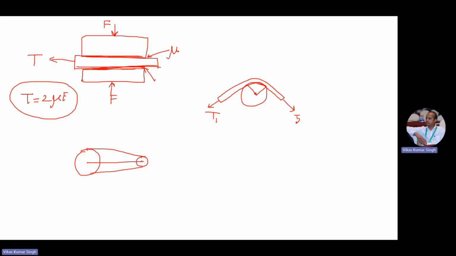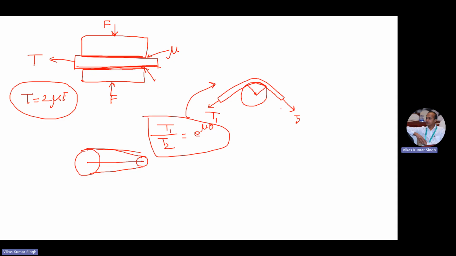For this derivation, we derived all these formulas. T1 by T2 was e to the power mu into theta. For the V belt, it was mu by sine theta. For simplicity, we are just taking the normal belt, plain pulley here. So this formula was given, and the same thing we can use in the sheet metal forming process.